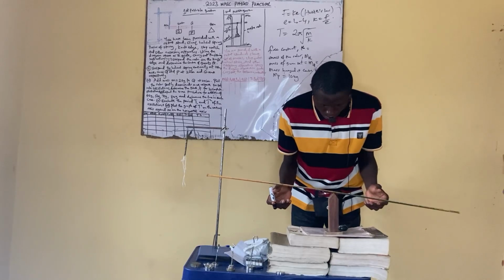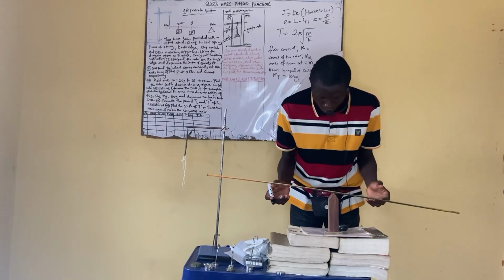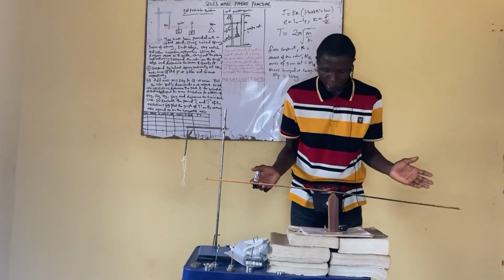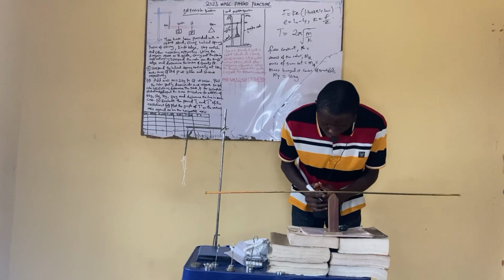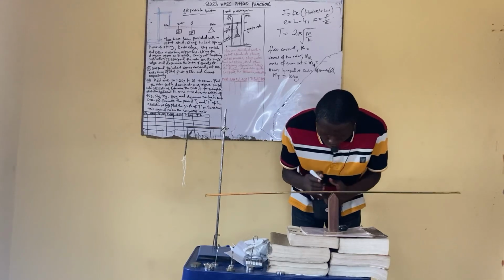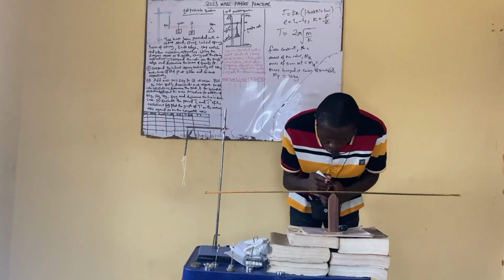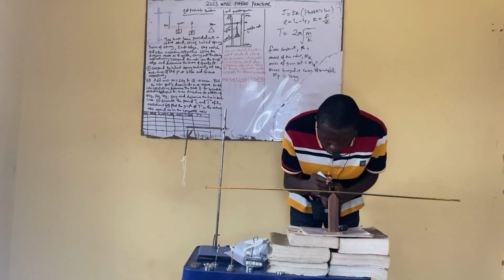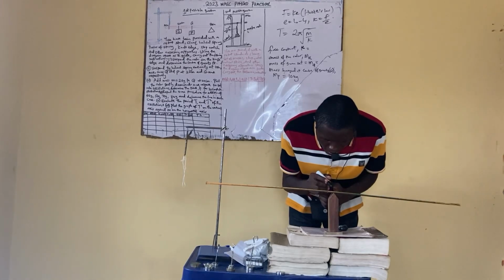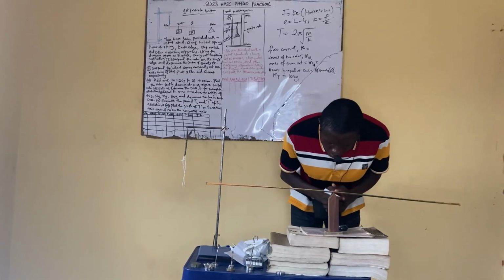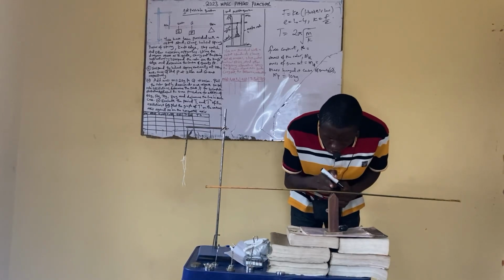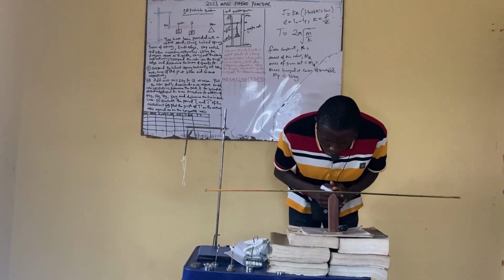One of the precautions is that you avoid interference. You can see we are now at the center of gravity here, which is 49.9, let's take it as 49.7.